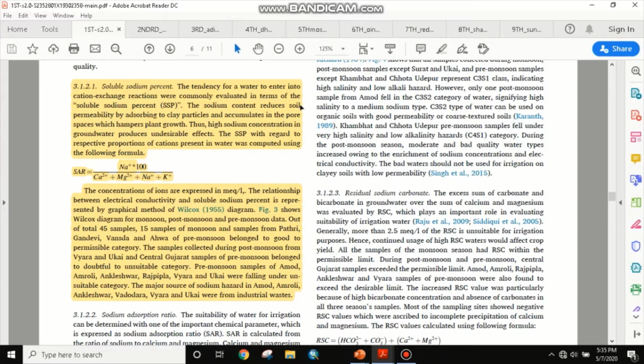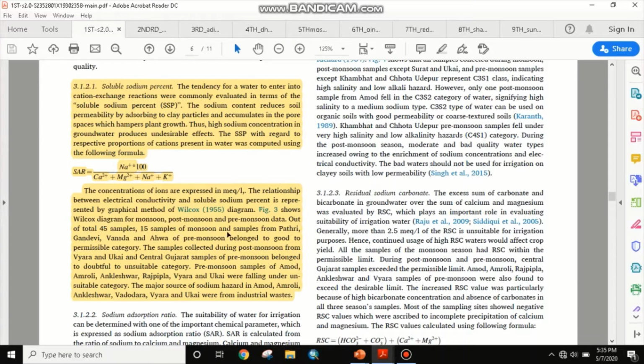So they have collected groundwater samples for 3 seasons: monsoon, post-monsoon and pre-monsoon. Out of a total of 45 samples, in each season they collected 15 samples, so the total is 45 samples.